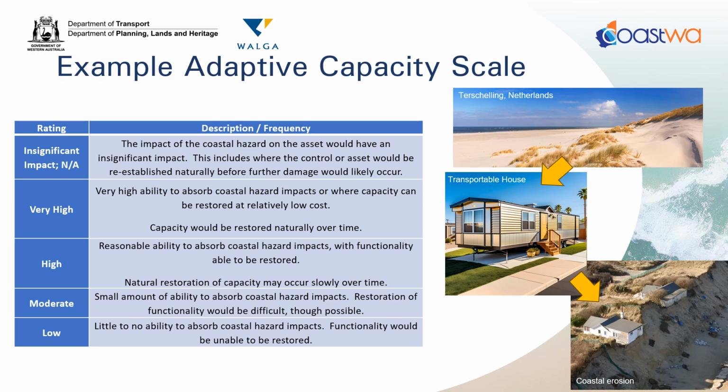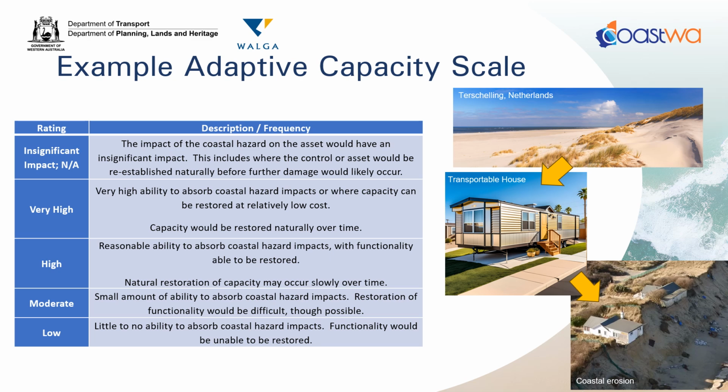Generally speaking, you're going to have some level of consequence that's almost insignificant. So if you're thinking about the action of a storm on a beach, if there's nothing near the beach and the beach can naturally respond, then you've got an insignificant rating. It might change for a little bit, but it's going to rebound naturally, therefore it's insignificant. You can then carry that through to the other end of the scale, which is a low level of adaptive capacity.